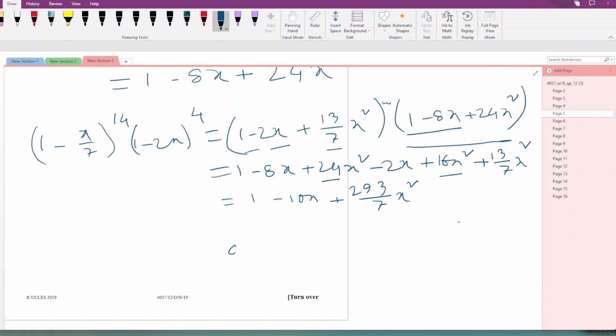Therefore, A equals minus 10 and B equals 293/7.